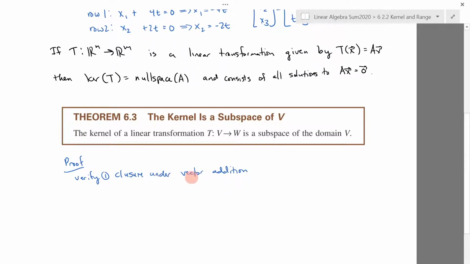So what does closure under vector addition mean? It means you take two vectors in the domain, but this is for the kernel, so I take two elements in the kernel and then the sum should still be in the kernel.